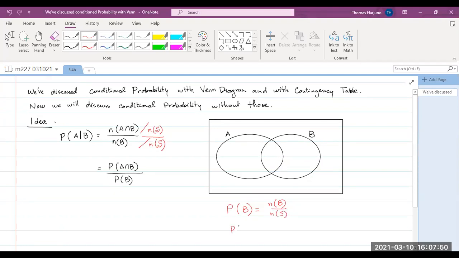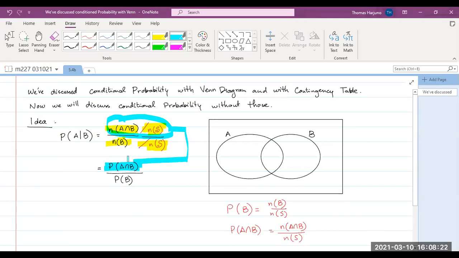Likewise, probability of selecting an element in A and B is the number of elements in the intersection divided by the number of elements in the Venn diagram. Now, when we had the condition like this earlier, and we divide the top and the bottom by the number of elements in the Venn diagram, when we put this together, this is what we get.